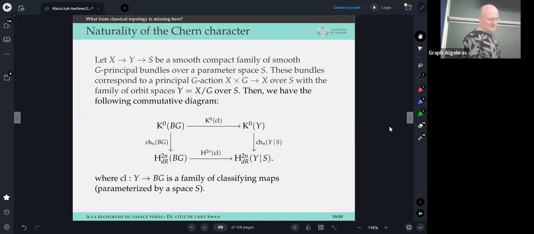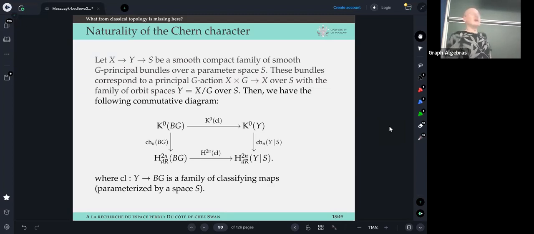And then we have the following picture. On the left-hand side, we have the natural transformation on this universal level. It's the Chern character from K-theory of the classifying space of this group G, going to some kind of cohomology. If you prefer, it could be de Rham cohomology in the smooth case. It could be singular cohomology in the purely topological case. Okay, and the same transformation makes sense for every space.